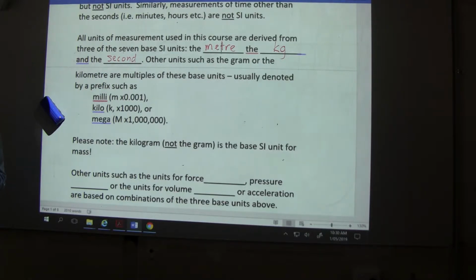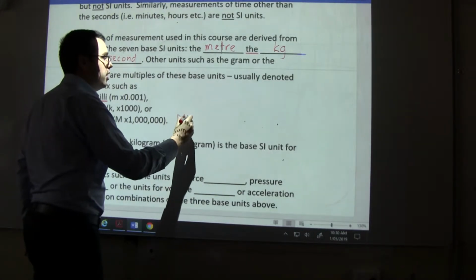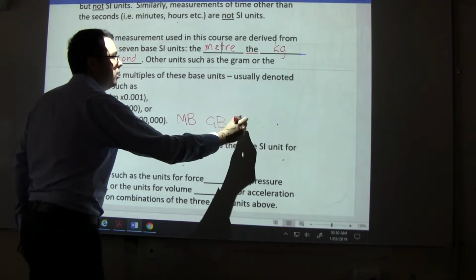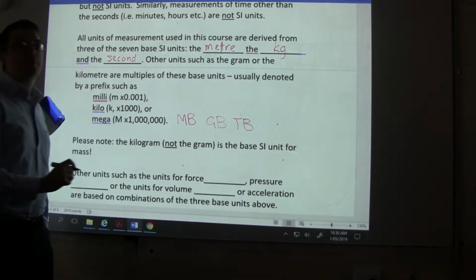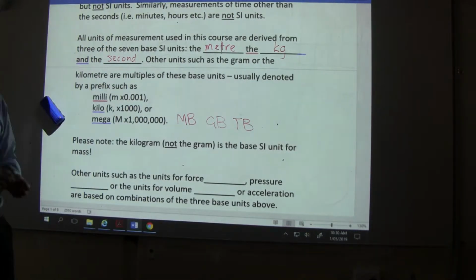We do talk about some other units which have a mega in them. What would MB stand for, or GB, or TB? Megabyte, gigabyte. Excellent. Megabyte, gigabyte, and terabyte. That is exactly right. Thank you for that.